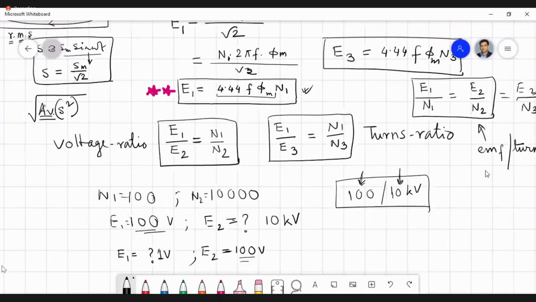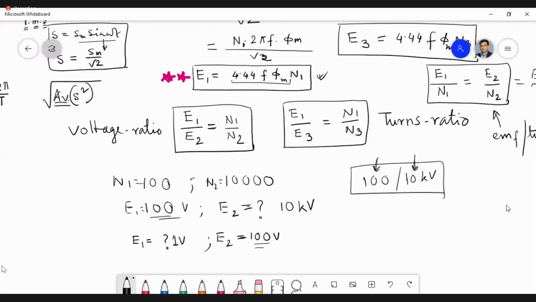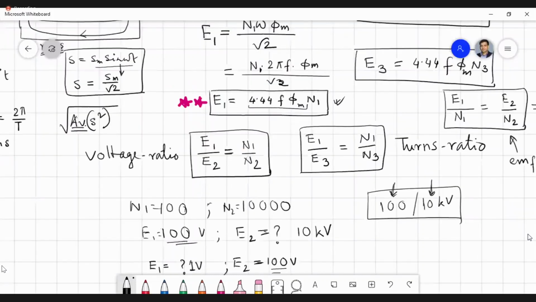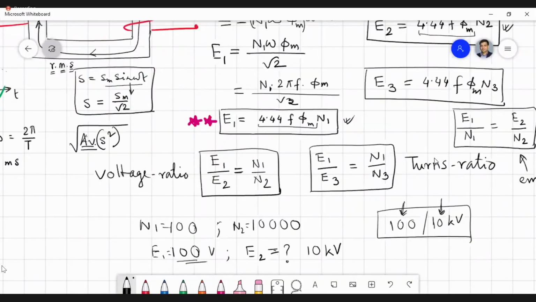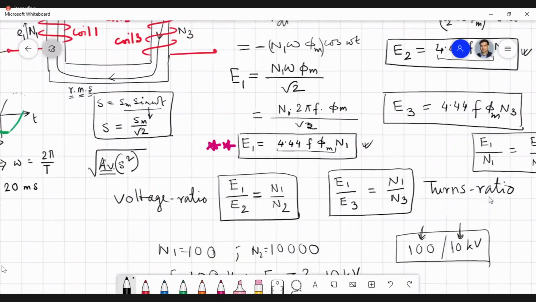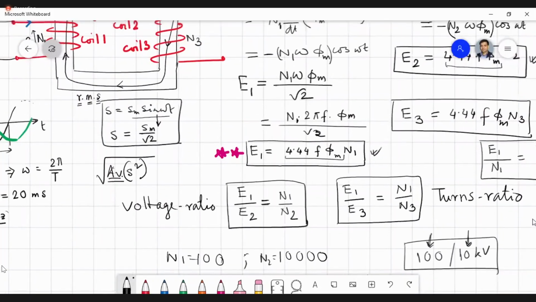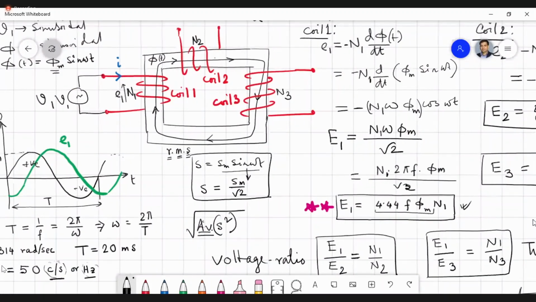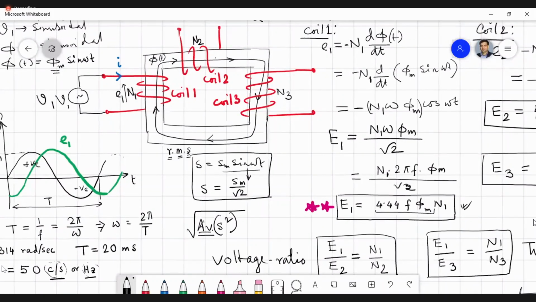Now, as you are saying many things like energy and power, I should tell you one thing: voltage is not power, voltage is not energy. If voltage is increased, it does not mean the power will be increased.